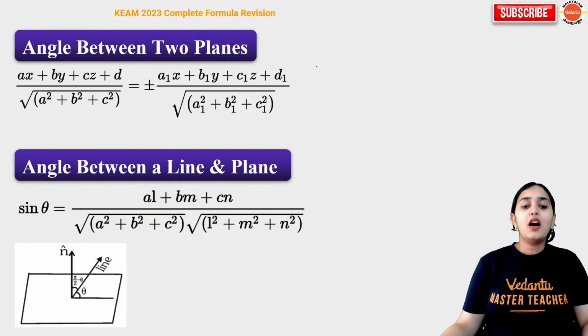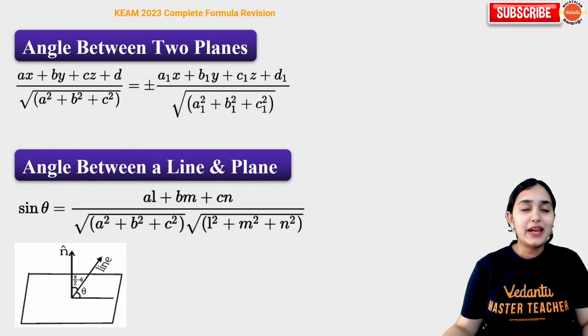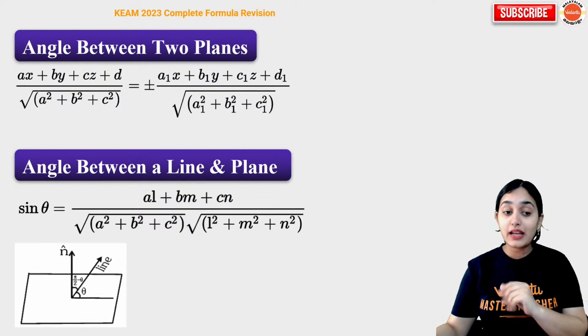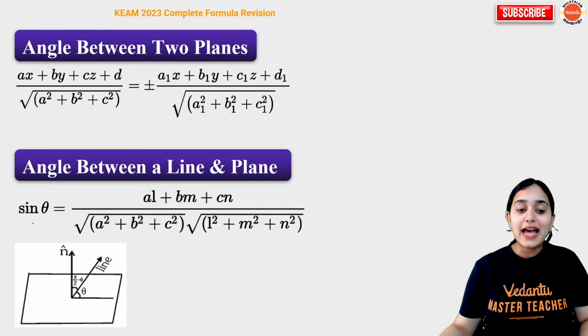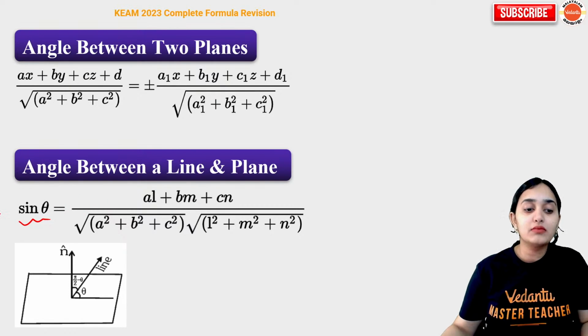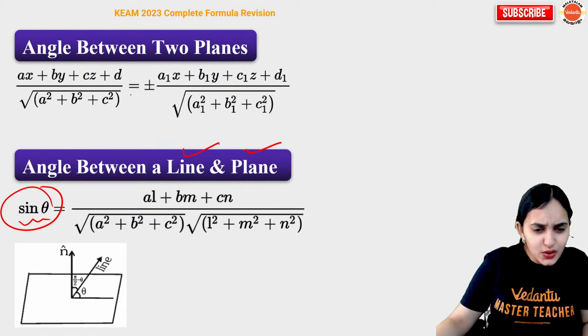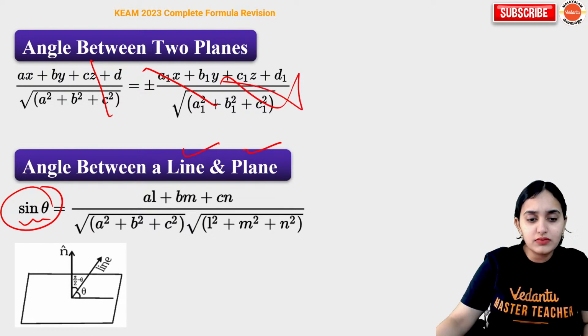If your planes are given and their direction ratios are given, then sine theta will be the angle between... no. Sine theta is the angle between a line and a plane. The angle between two planes formula I said was wrong, sorry.